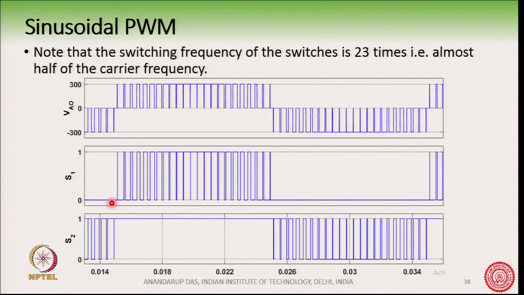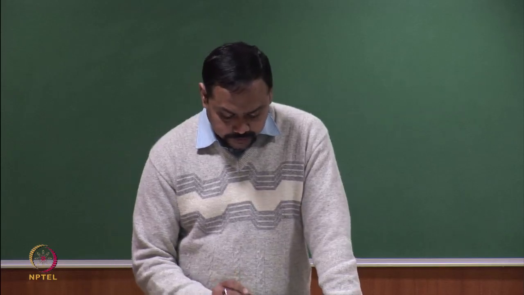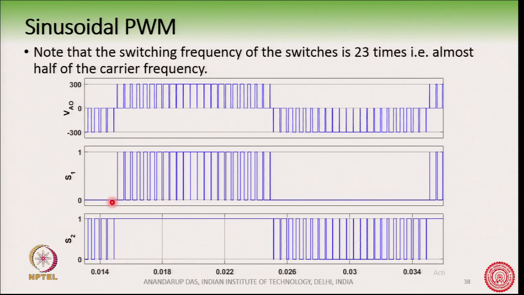So, we can count it. When do we say that there is one switching? When it goes from 0 to 1 and comes back to 0. So, from 0 to another 0 is one switching. We can start from here: 1, 2, 3, 4, 5, 6, 7, 8, 9, 10, 11, 12, 13, 14, 15, 16, 17, 18, 19, 20, 21, 22, 23.